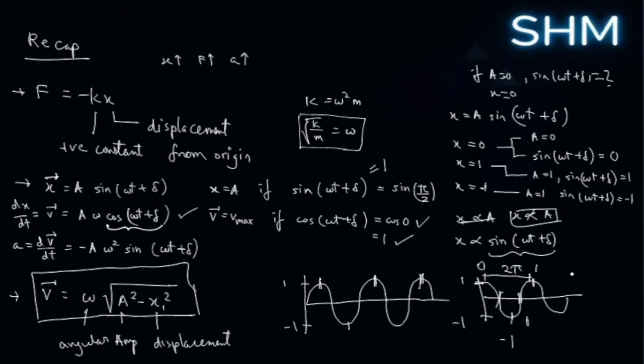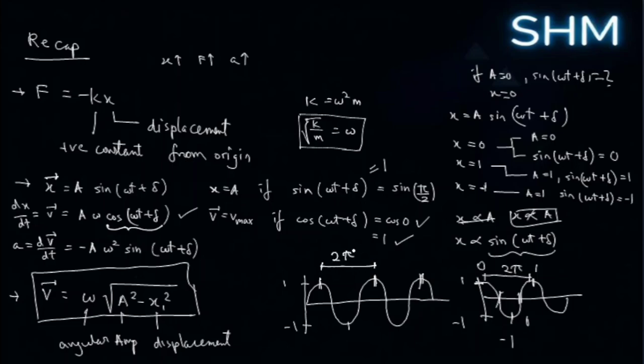Right? Sin and cos, these two functions repeat their maximum values on either side of the amplitude, positive and negative, after an interval of 2 pi.